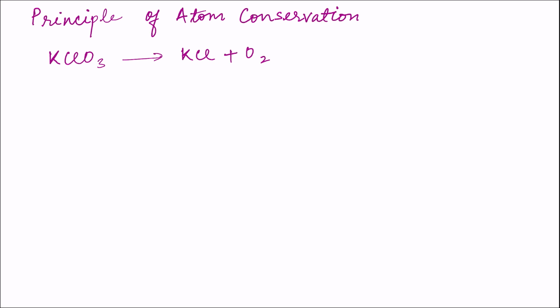Now what is the moles of oxygen atoms present on the reactant side? This is the reactant side and this is the product side. On the reactant side, oxygen is present in KClO3. From the molecular formula, it can be seen that 1 mole of KClO3 contains 3 moles of oxygen atoms. So moles of KClO3 is equal to 1 and moles of oxygen atoms in KClO3 is equal to 3.